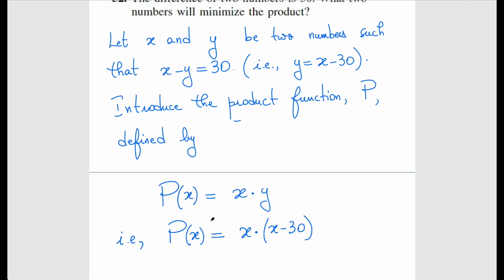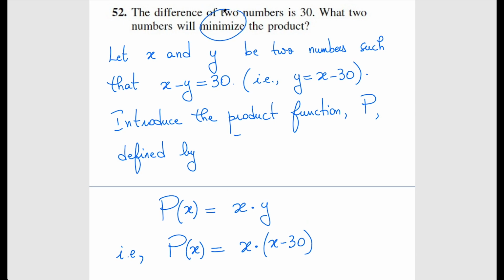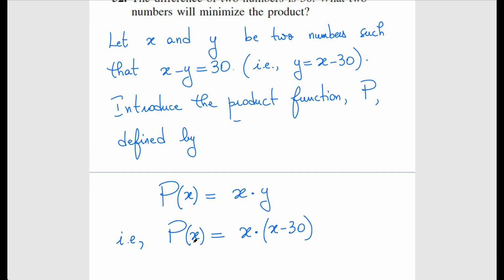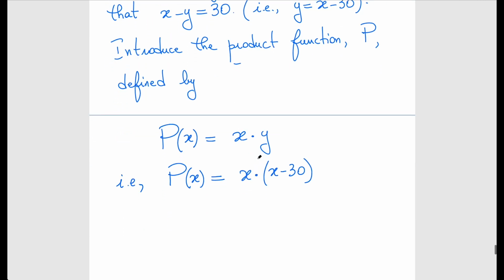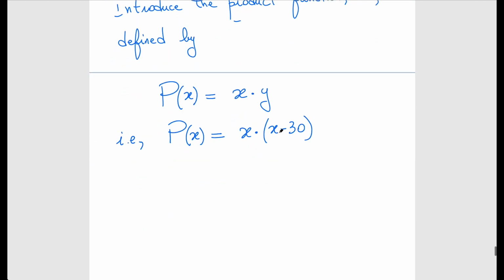Okay. So what do we want? We want to minimize this function P. We want to find for which x this function P attains its minimum. All right. Well, this function P, if you pay attention to it, is quadratic, right? P of x is simply x squared minus 30x, and this is clearly quadratic. And does this function have a minimum? Yeah, because the a is 1, which is positive, right?